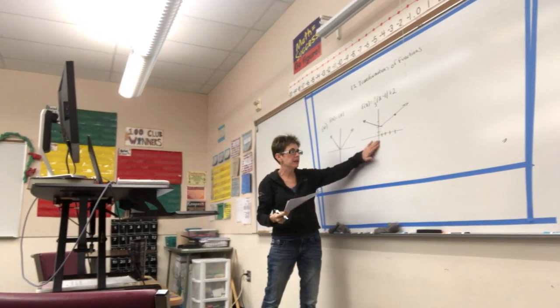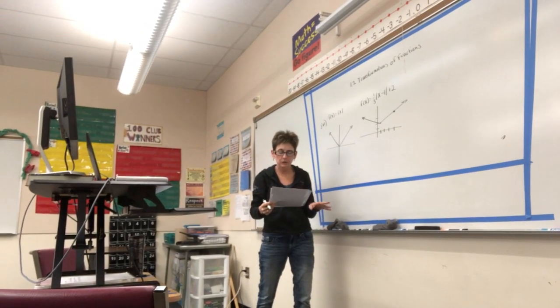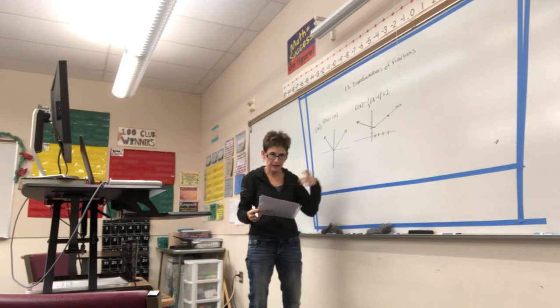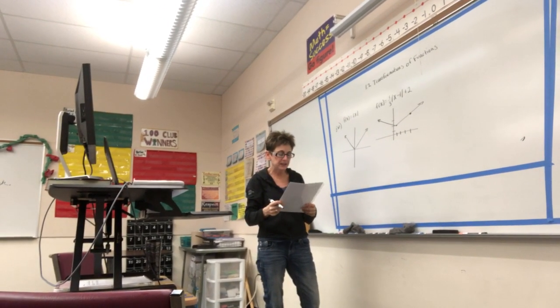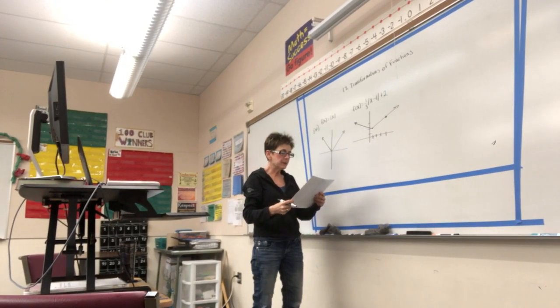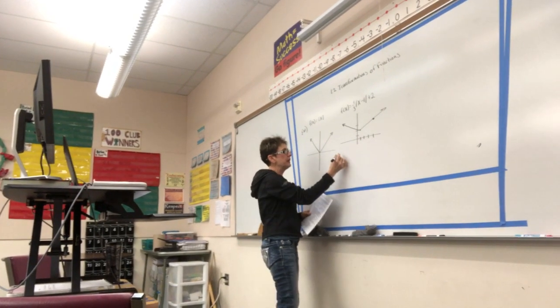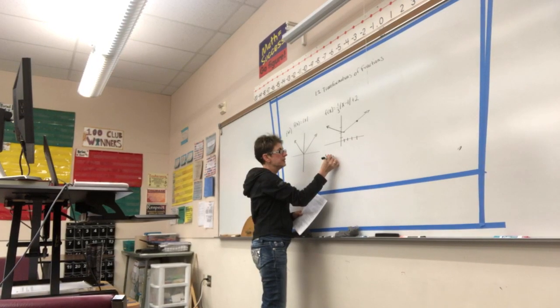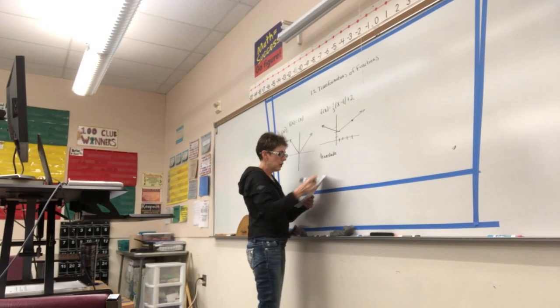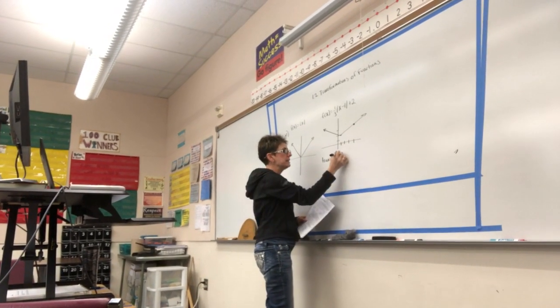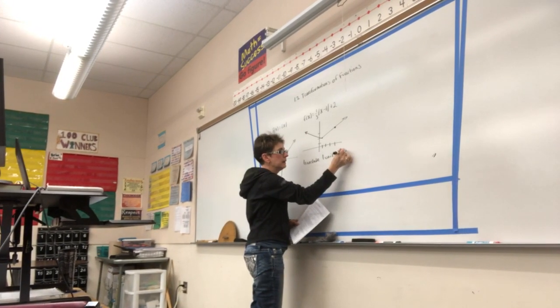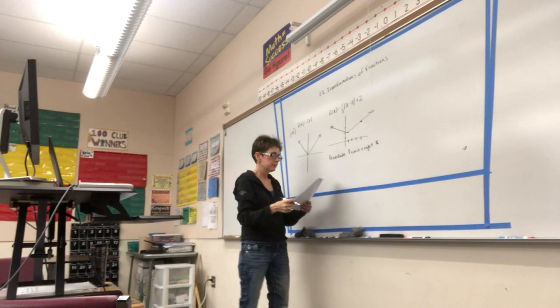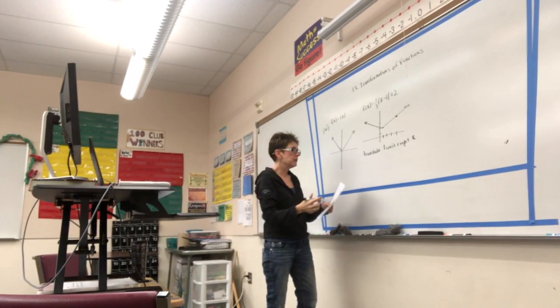Now, this part that I've just done on the board is not new. But what I would like to talk about is some more vocabulary on how to describe what we did. So we can say that the parent function has been translated. So we're going to say translate 1 unit right and 2 units up.